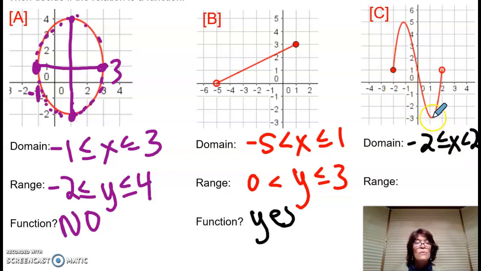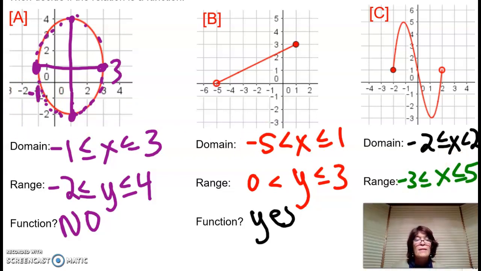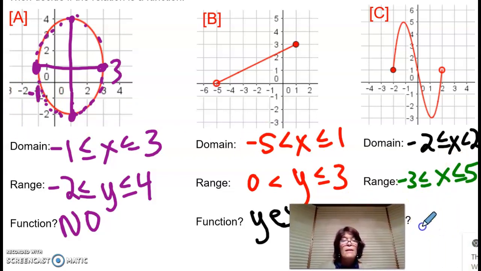The range, what's this value of y? The smallest value of y is -3. And the biggest value of y looks like it goes up to 5. Okay? Is it a function? Yes. Vertical line doesn't hit it more than once.